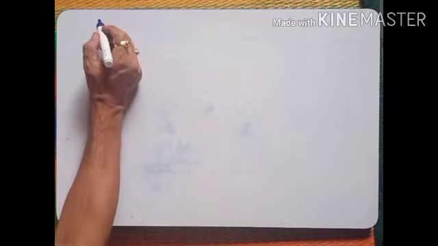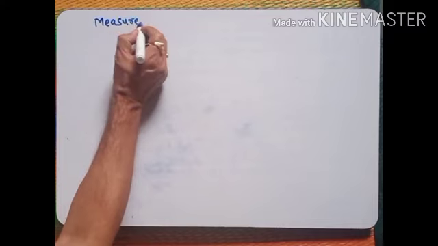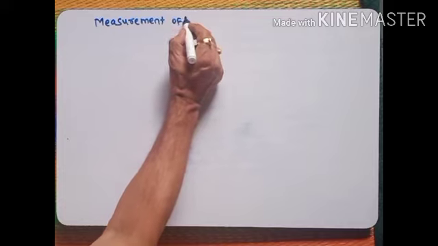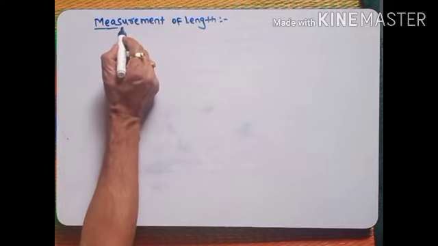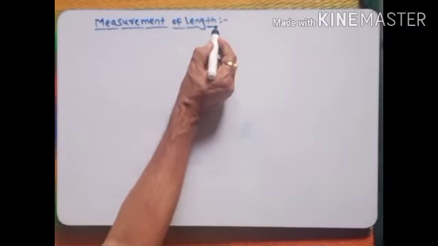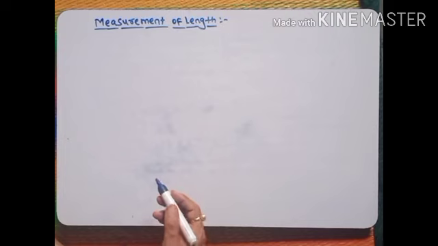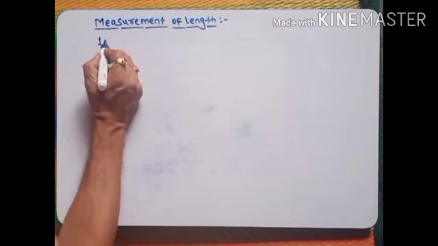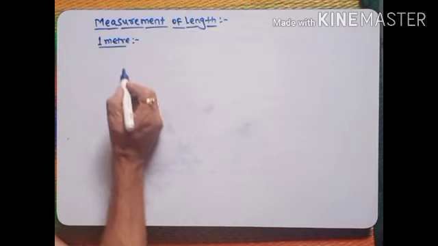Here we will see first the measurement of length. Length is measured in meter, centimeter, millimeter, micrometer, like that. Here we have to define what is meant by 1 meter.